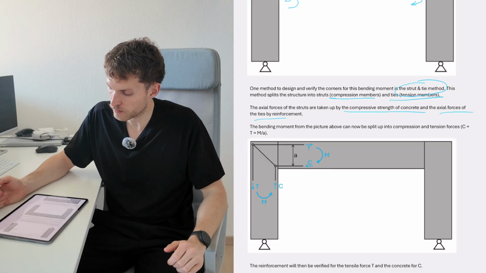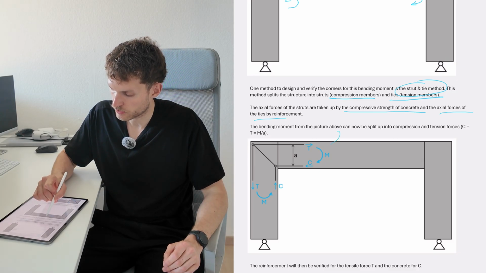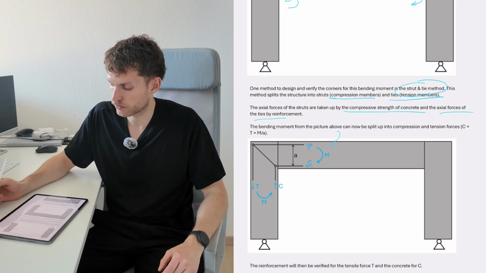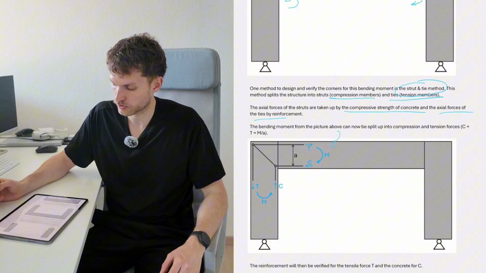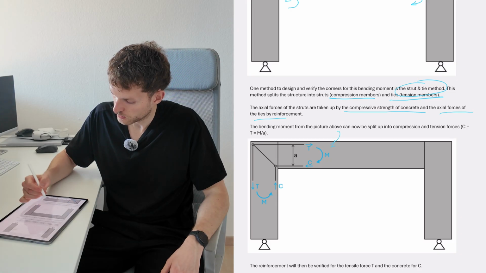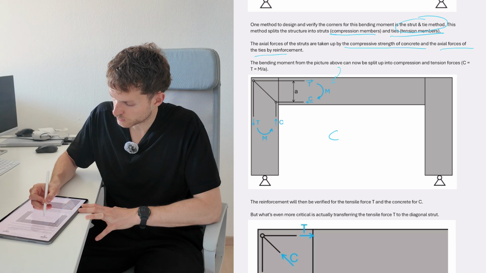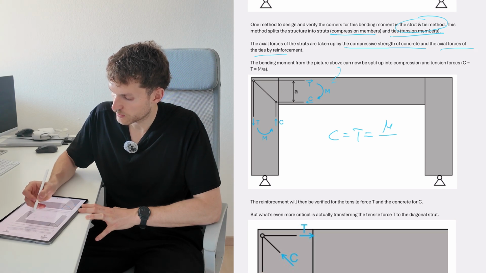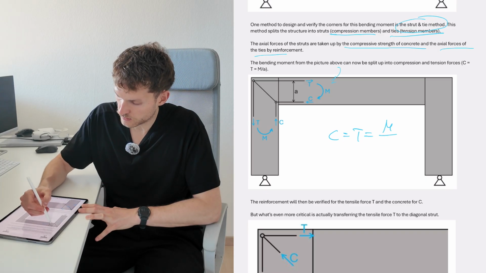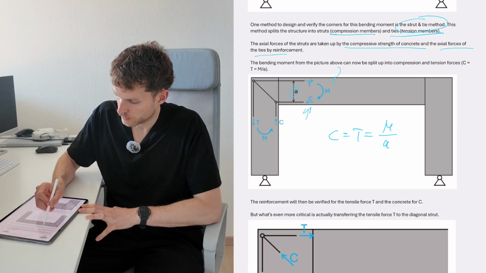And now this bending moment from the picture above, which we also visualize here, can be split into a compression and a tension force. Because if we have a moment, we can split that up into a pair of forces. The strut and the tie equal the moment divided by the distance a. And we can see them here and here.